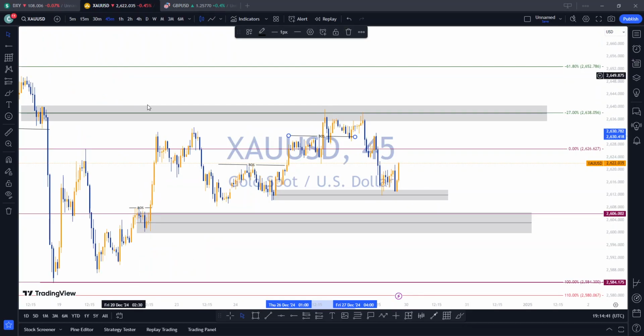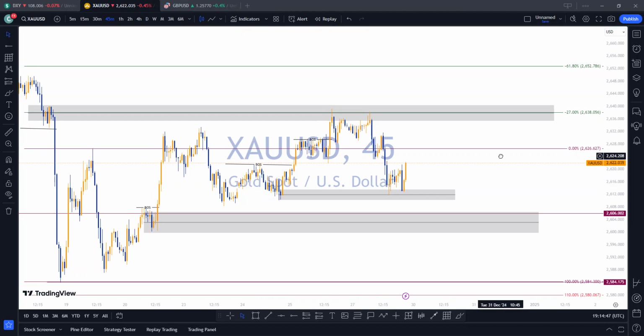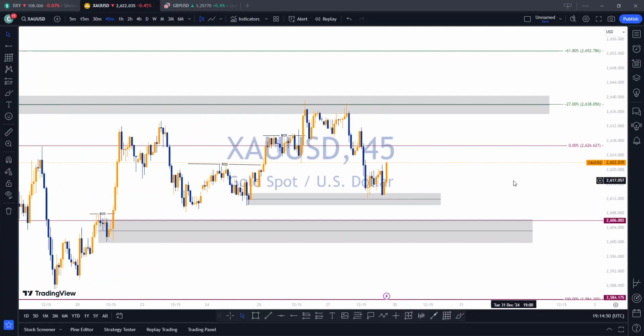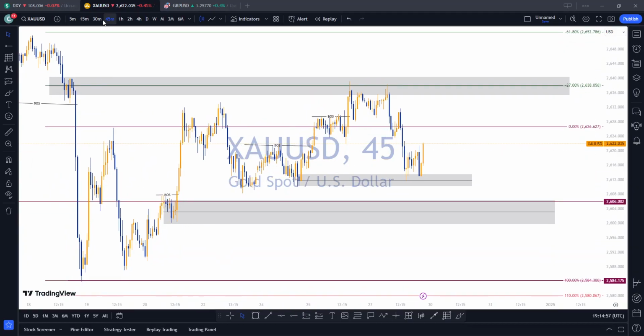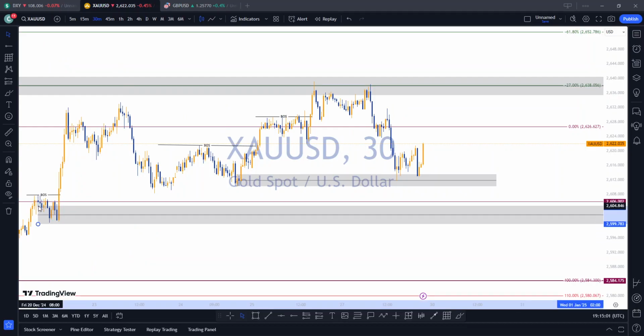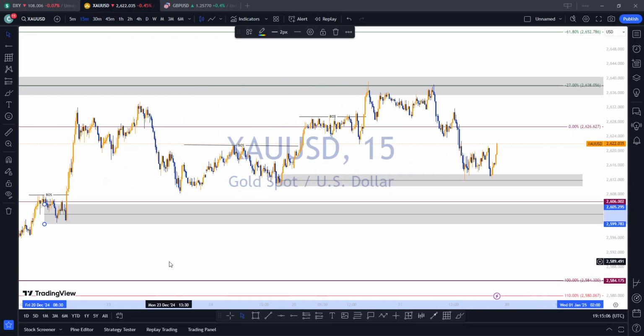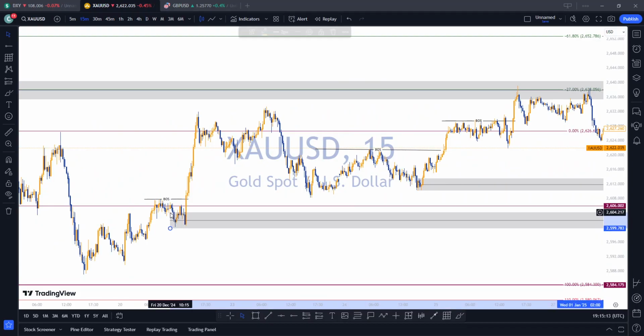Let's go to a smaller time frame. We have this breakout structure right here, right? Then this is where we have the 2-minute time frame. Let's go to the 15-minute time frame and see. We can adjust this right here.